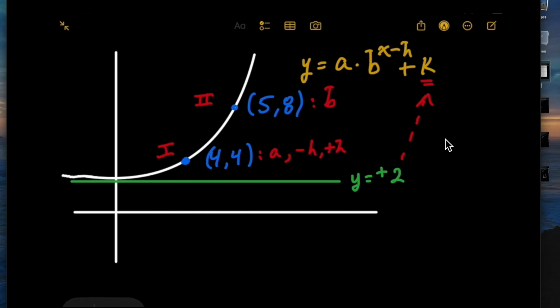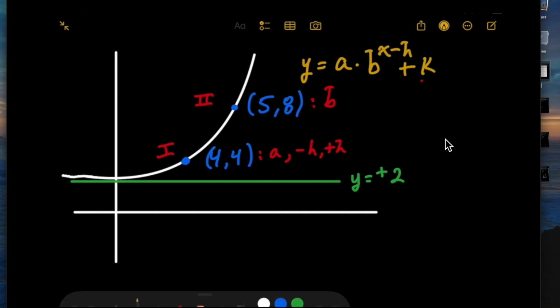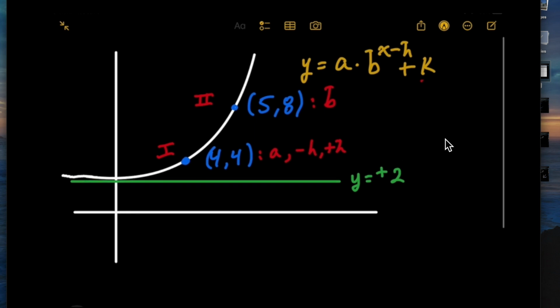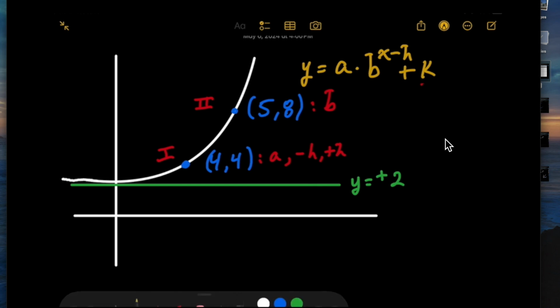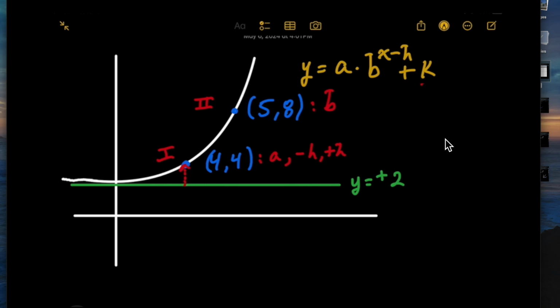Okay, so let me show you how to use point 1 to our advantage. Folks, you go to the horizontal asymptote. You start at the horizontal asymptote, and you go from the horizontal asymptote to the point Roman numeral 1, and you mark that distance.